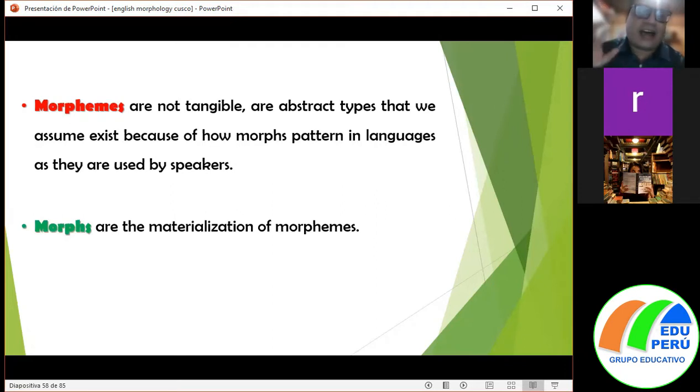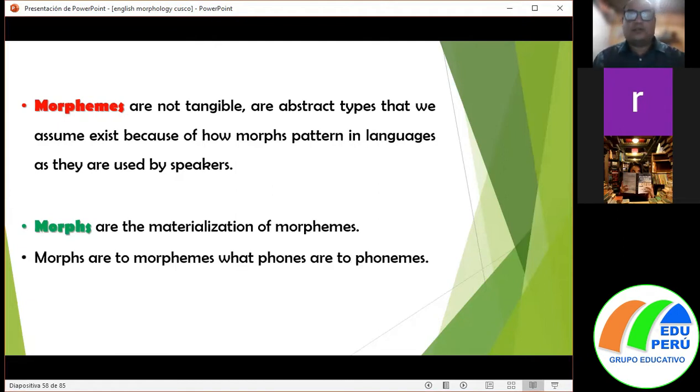Then we talked about another term, which is morphs. Morphs are the materialization of morphemes. What we use when we speak or when we write, these are the morphs. As we said, morphs are to morphemes what phones are to phonemes.